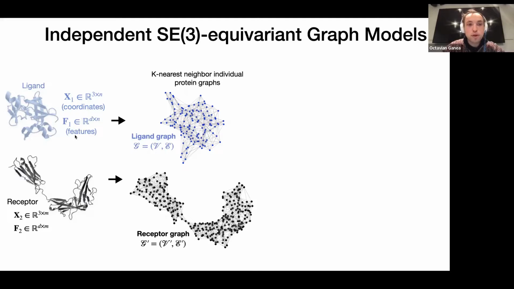For each residue, you also have various types of features, such as residue type. Then we have some local frame features relating to the orientation of local frames of residues. We also have pairwise edge features, which are not shown on this slide, but each edge also has some features. In this way, we build a ligand graph and a receptor graph.